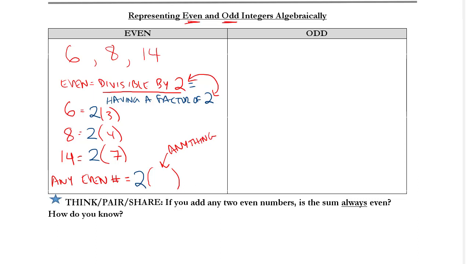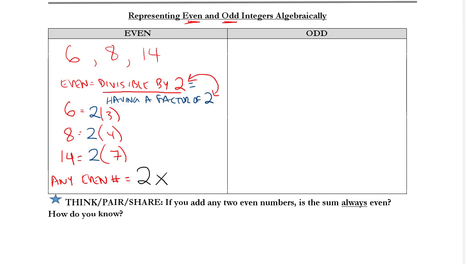If it could be anything, let's use a variable. It could be any number. So instead of 2 times 7, 2 times 4, which are particular numbers, let's do 2 times x. Any even number can be represented as 2x, 2 times x.